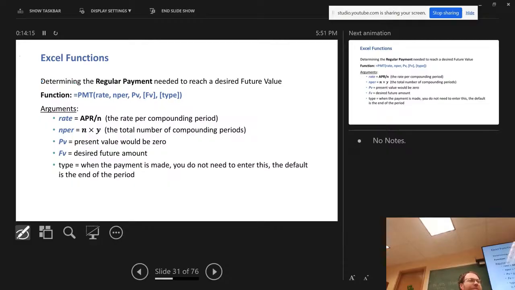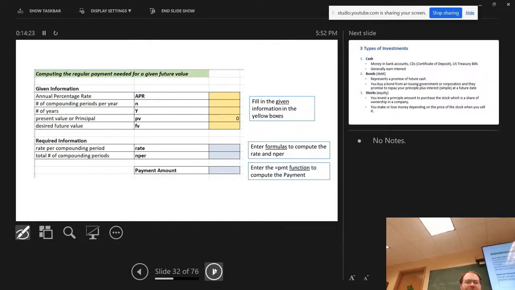Is what this thing would tell you. But again, spreadsheet of some kind, you put the information in, you'll be able to get the number that you'll need. But we'll take some time on Wednesday to look at that there.